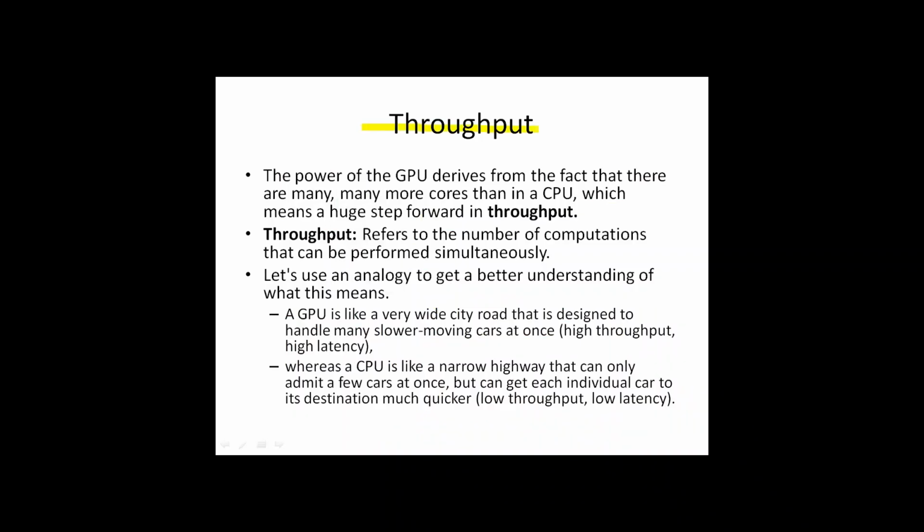Now coming to the term throughput, the power of the GPU derives from the fact that there are many more cores than in the CPU, which means a huge step forward in throughput. Throughput basically refers to the number of computations that can be performed simultaneously.